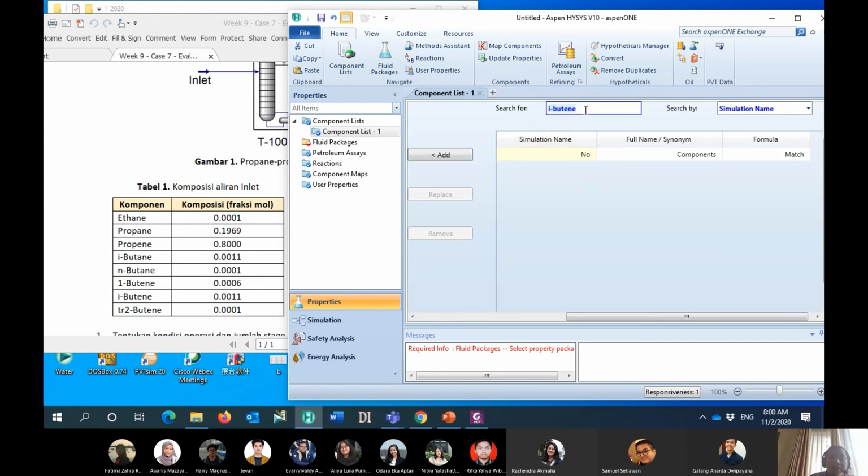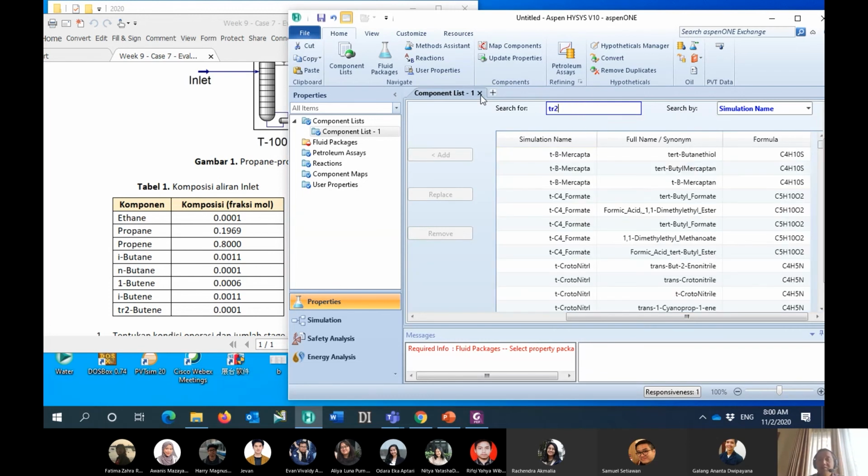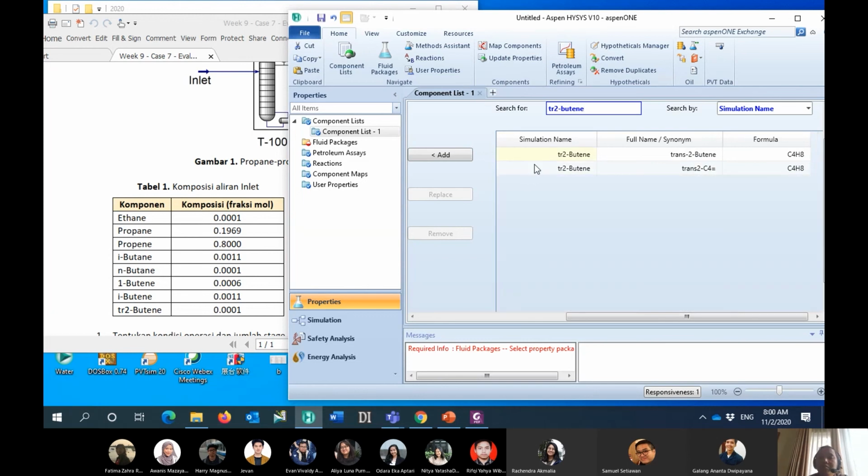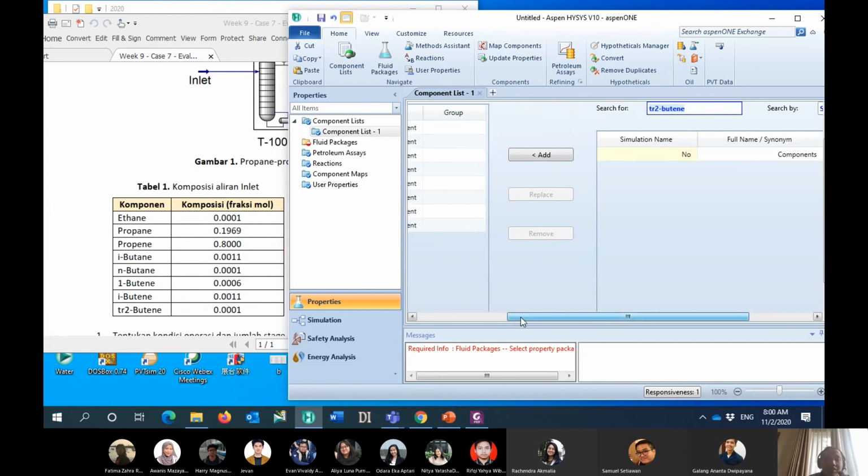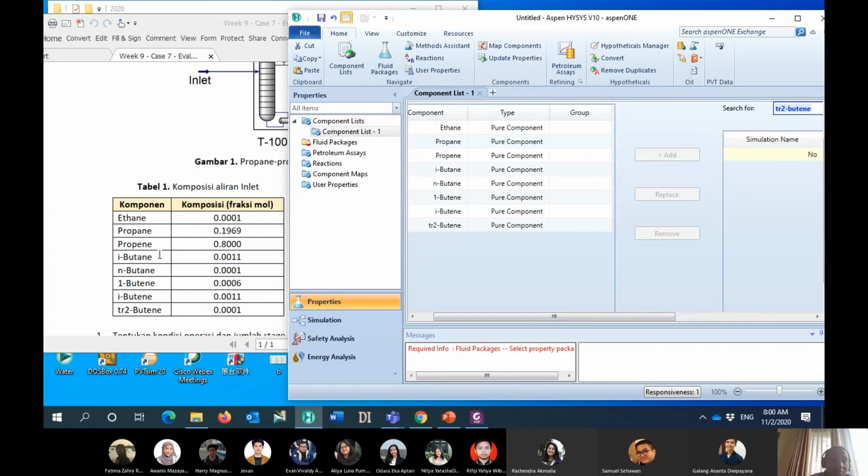And then the last one will be trans-2-butane. So I will have 1, 2, 3, 4, 5, 6, 7, 8 components, following table number 1.